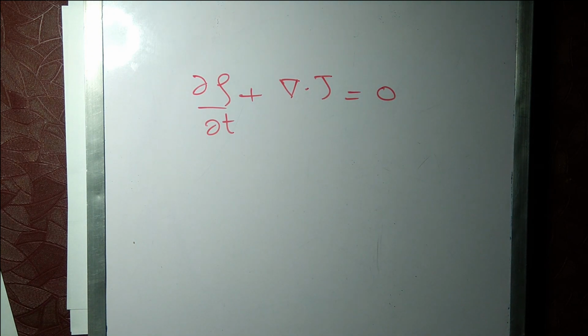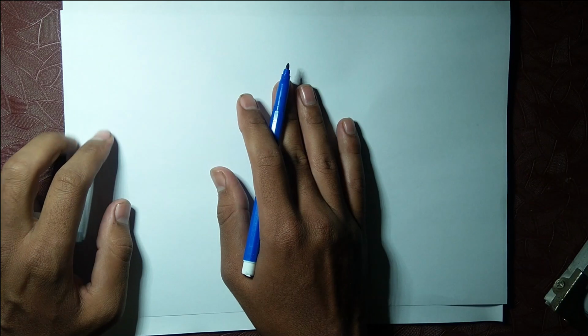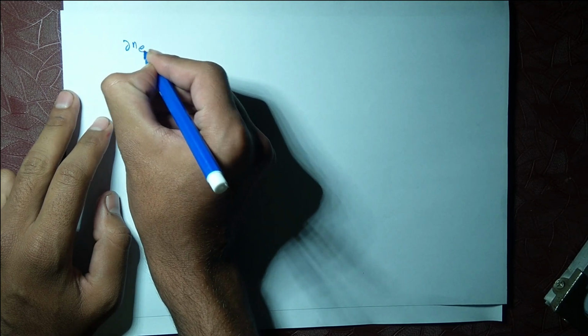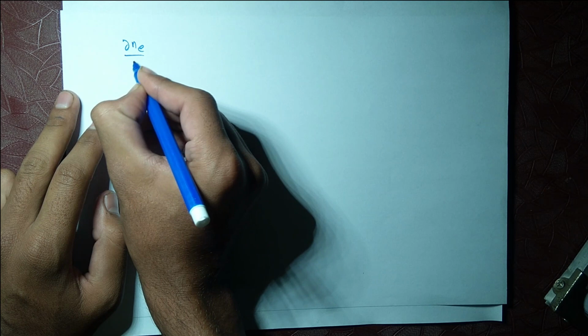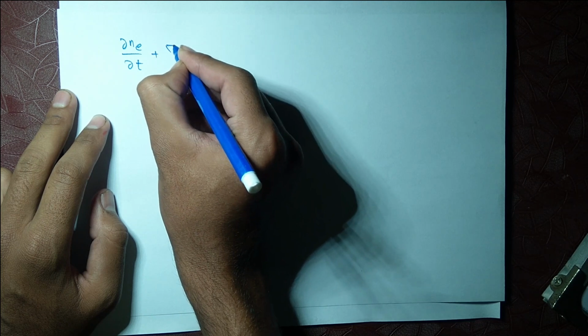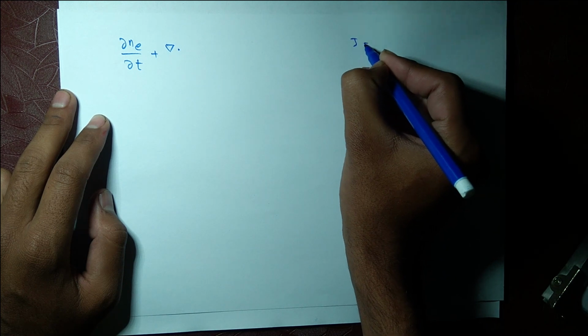So Ni and Ne are the electron densities. N naught is the electron density at equilibrium, and n1 is the change in that density. In terms of electron density, we write partial of the volume charge density by partial t, plus del dot j, where j equals nev.